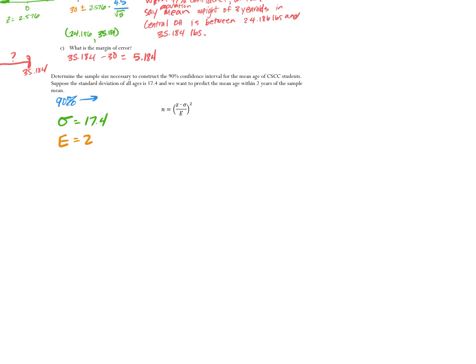Now, just because I want to make sure we understand, what does it really mean to say the standard deviation of ages for Columbus State students is 17.4? Start thinking that through. That means on average, students' ages from the mean age, the average distance is 17 years. So let's say that average age is 28.